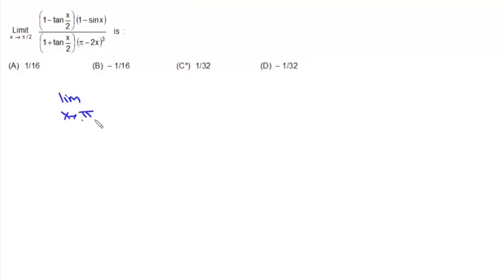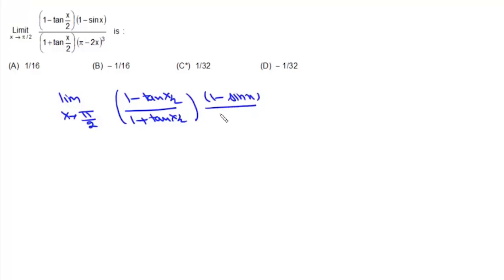Now here the question is, we need to find this limit, which is limit x tends to pi by 2 of 1 minus tan(x/2) upon 1 plus tan(x/2), times 1 minus sin x upon (pi minus 2x) whole cube. Now we can write this as limit x tends to pi by 2.